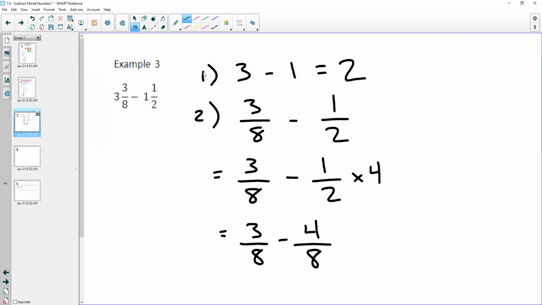Uh-oh. What are we going to do here? We have 3 and we're subtracting 4 eighths. Does that mean we get negative 1 over 8? Well, it would, but we don't want to get a negative fraction. So for this question, we're actually going to need to change our mixed numbers into improper fractions.